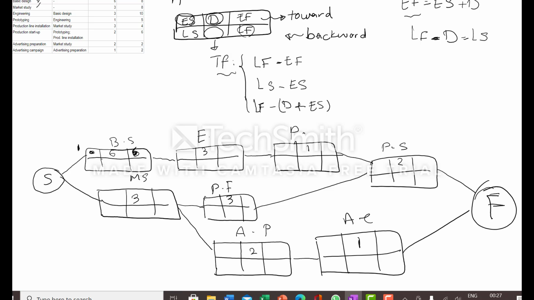For this activity, it should start on 6, and for its earliest finish, we can add 3 months to 6, so it's 9, and we put 9 here. 1 month plus 9 is 10.